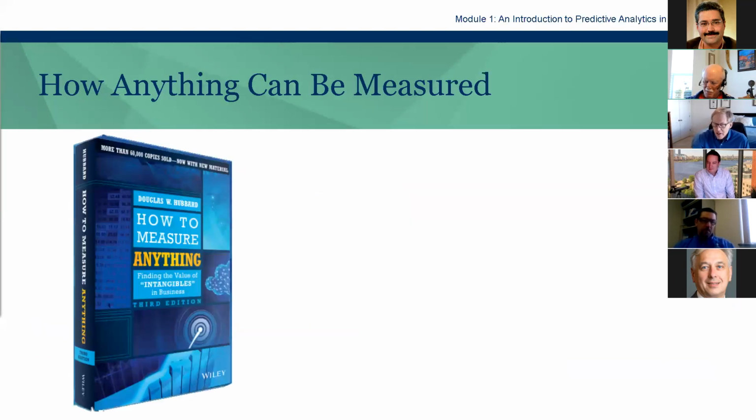I appreciate all the examples that you've given, and we'll probably include those in our discussion. But let me take this a little bit farther about how anything can be measured. I'm a real proponent of this book by Douglas Hubbard, How to Measure Anything.